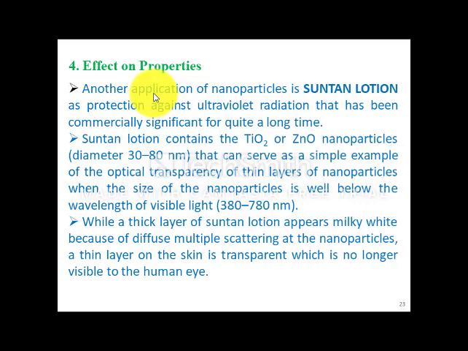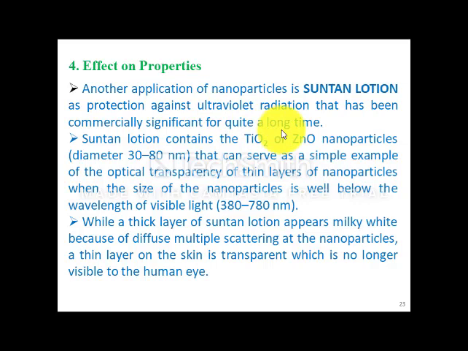Another very good example of a nanoparticle application where size affects the properties is sunscreen lotion. Sunscreen lotion has been used as protection against ultraviolet radiation and has been commercially significant for quite a long time.